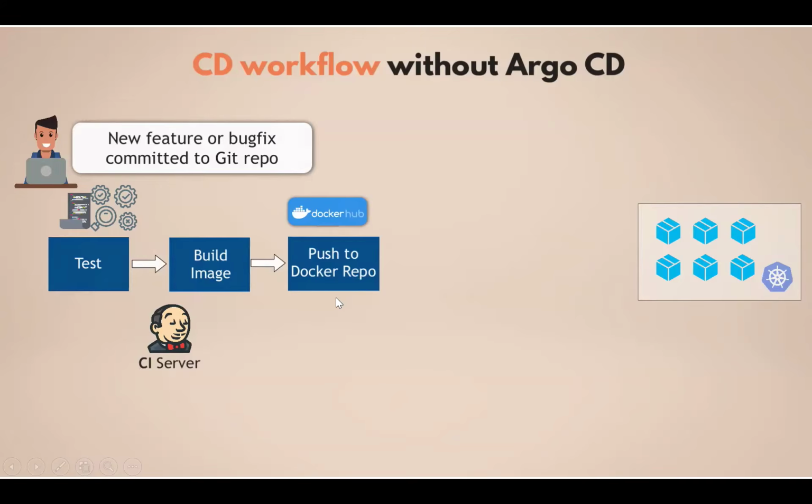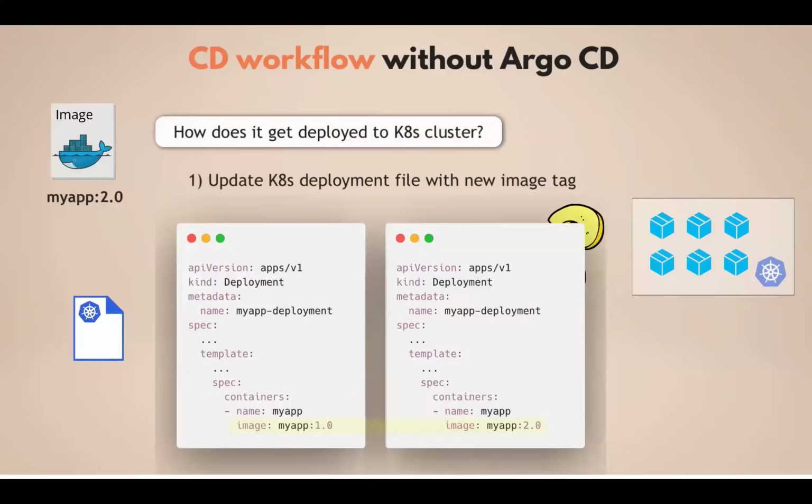From here forward, manifest files come into the picture, where it takes the image from Docker Hub and builds the pods out of it. Remember? So how does it get deployed to the K8s cluster, that is the Kubernetes cluster? Update the K8s deployment file with the new image tag.